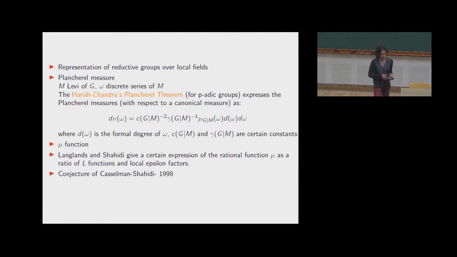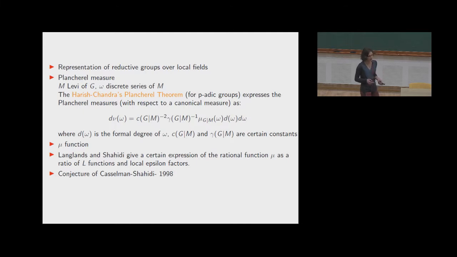One of the founders of this area, the representation of reductive groups over local fields, Harish-Chandra, one of his goals was to achieve the Plancherel theorem for local fields, so first complex and real groups, and in a second time for p-adic groups.